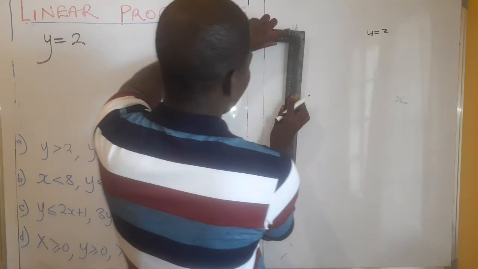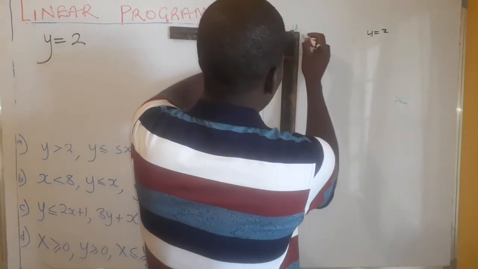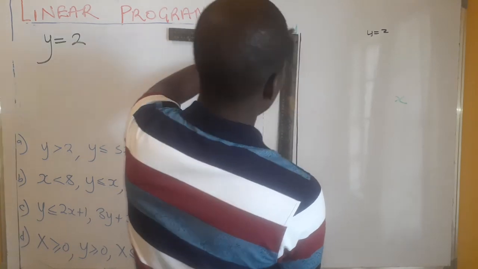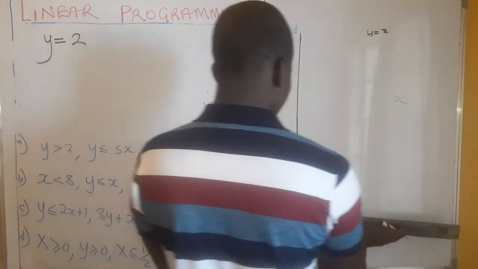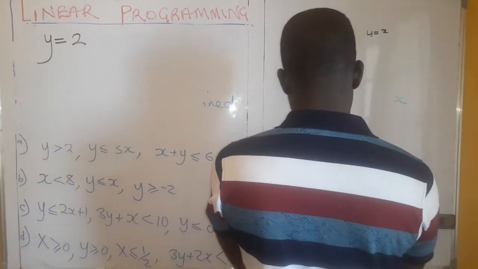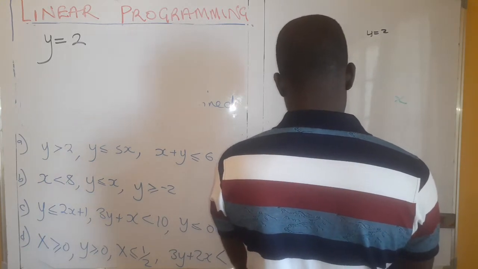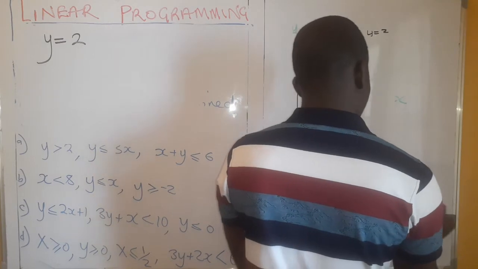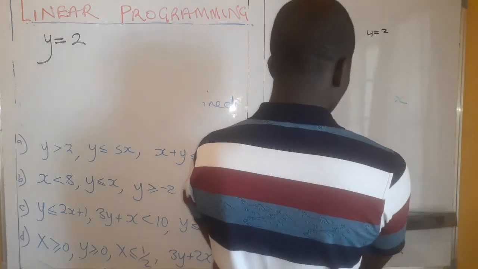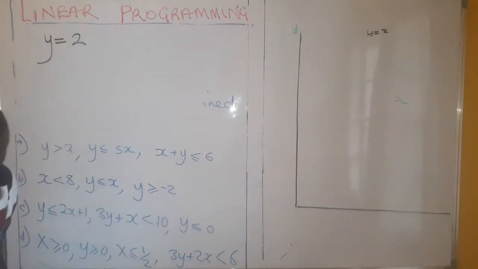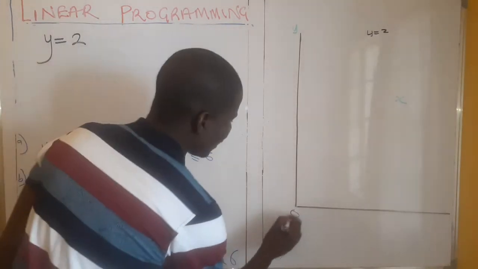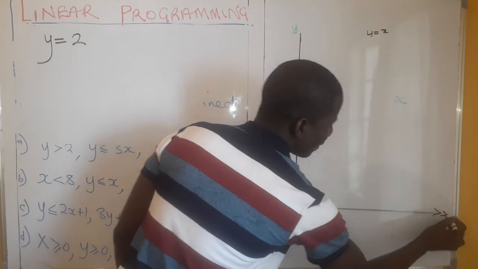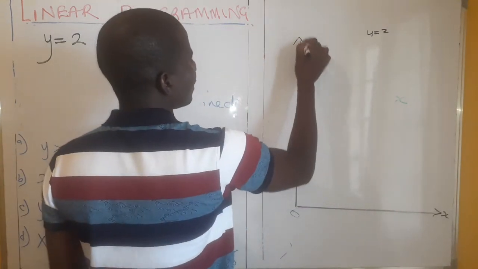Remember, our 0, then we have our x here, and our y is here.